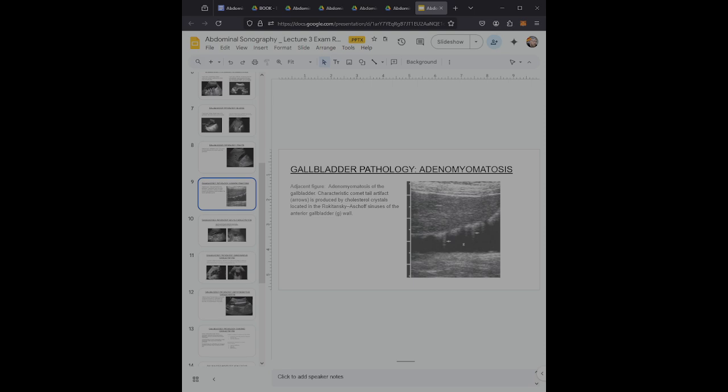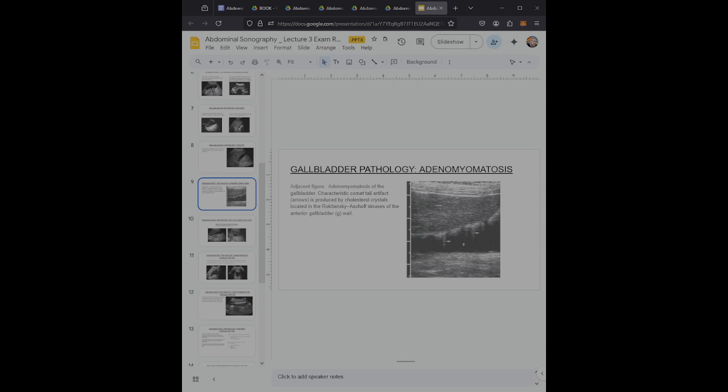So we have talked about certain regions, or you can say divisions, within the wall of the gallbladder. And we had said that the mucosal layer is the innermost layer, with the middle layer being the fibromuscular layer.